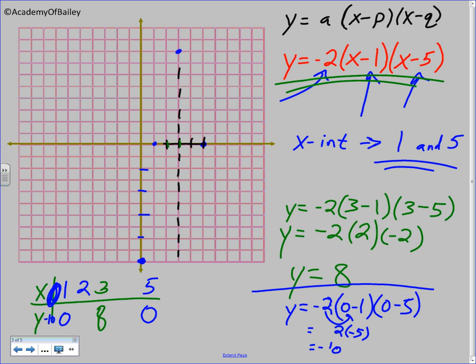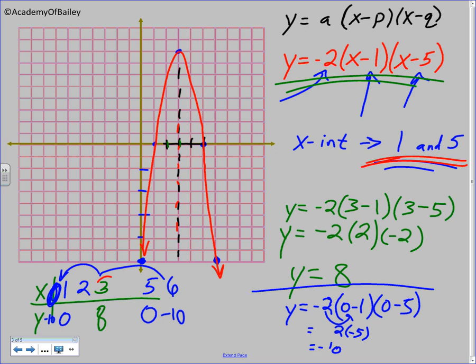And that must mean that since this is 3 spaces away, 6 will be -10 also. And now you just draw your graph, with arrows. So basically your first step is to determine your x-intercepts and then use the axis of symmetry to figure out the vertex. Basically all you do.